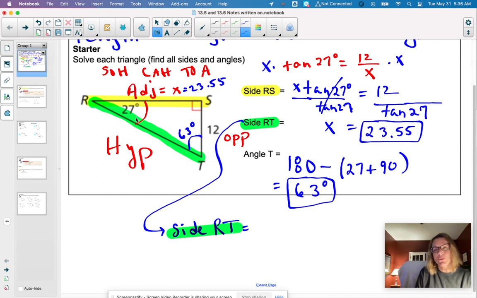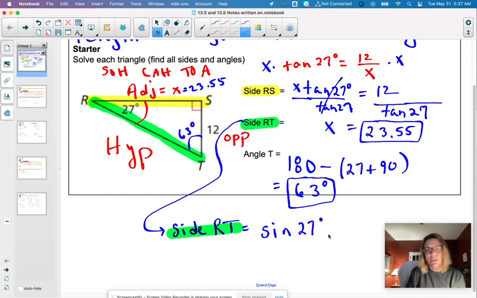I always like to use what I'm given. So I would use opposite over hypotenuse, which is sine. But now that I have the adjacent, I could also use cosine. Either of them would give us the right answer. All right, so I'm going to use sine.